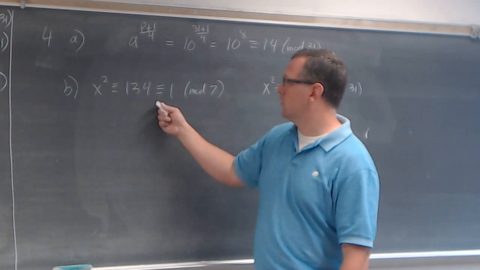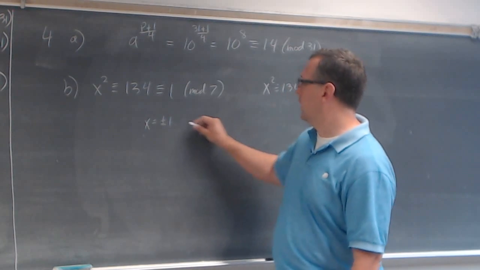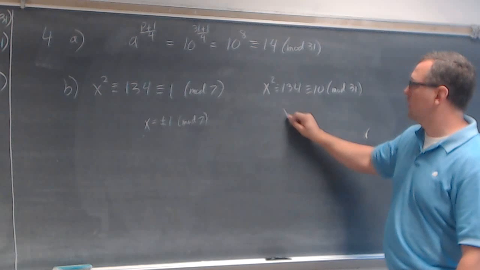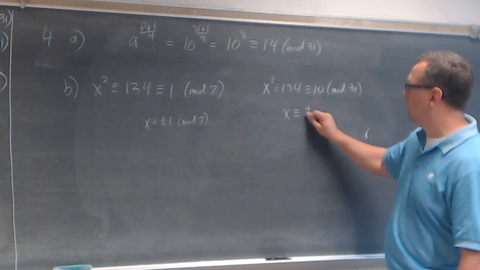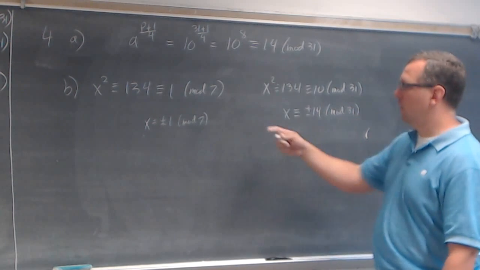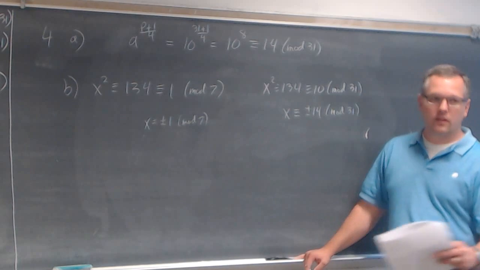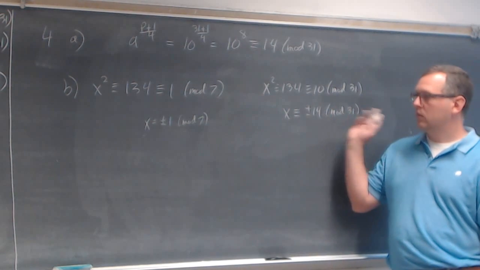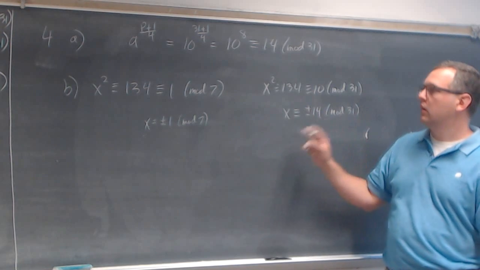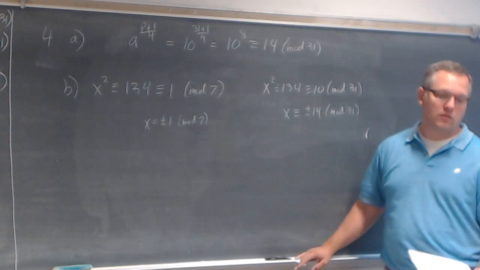Here we know the only solutions are plus or minus 1, and here we already used part A, so x is congruent to plus or minus 14. Then again, you could bust out the Chinese Remainder Theorem, or as I showed you, just write out residues that are congruent to 14 and negative 14 mod 31, and then look to see which ones are also either plus or minus 1 mod 7.